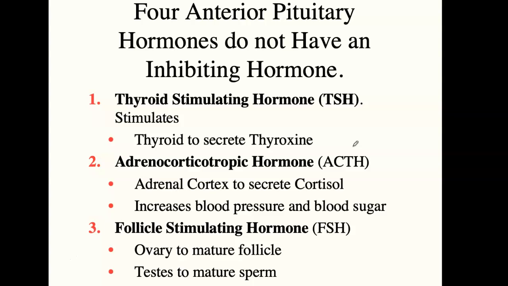So notice in all of these, you're going to have the hypothalamus dictating something to the pituitary gland. The pituitary gland secretes a second hormone that then affects another gland, like the thyroid or the adrenal cortex or the ovary, to then release another hormone that does whatever behavior that I've been describing. Let's see the fourth one.